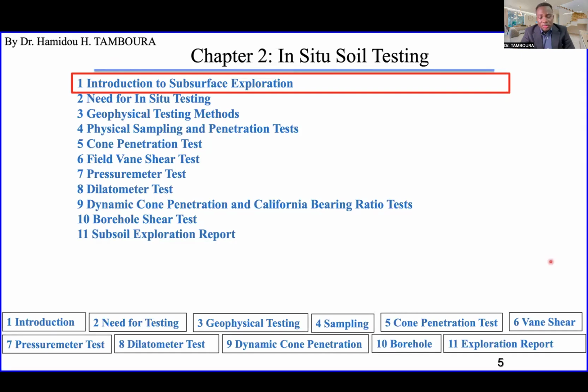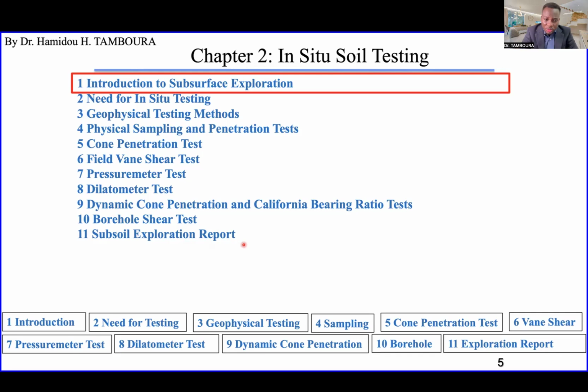So here is the content of this chapter. The first part is about introduction of the subsurface exploration, need of in situ testing, geophysical testing method, physical sampling and penetration tests, cone penetration test, field vane shear test, pressure meter test, dilatometer test, dynamic cone penetration and California bearing ratio test, borehole shear test, subsoil exploration report, because after doing your field investigation, your in situ testing, you need to write a report.